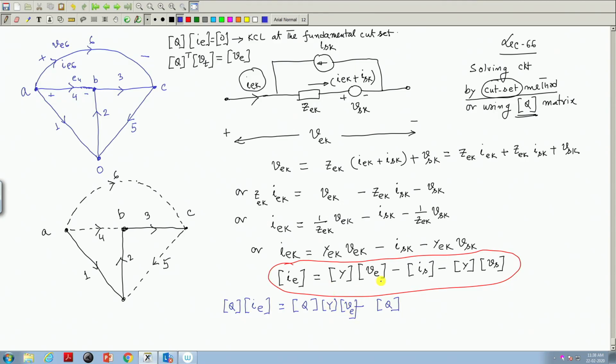This will be the first term, and this will be minus Q into Is, where Is and Vs are column vectors, minus Q into Y into Vs. Now, obviously, Q into Ie will be equal to 0 because of this. So Q into Ie must be equal to a zero column vector.